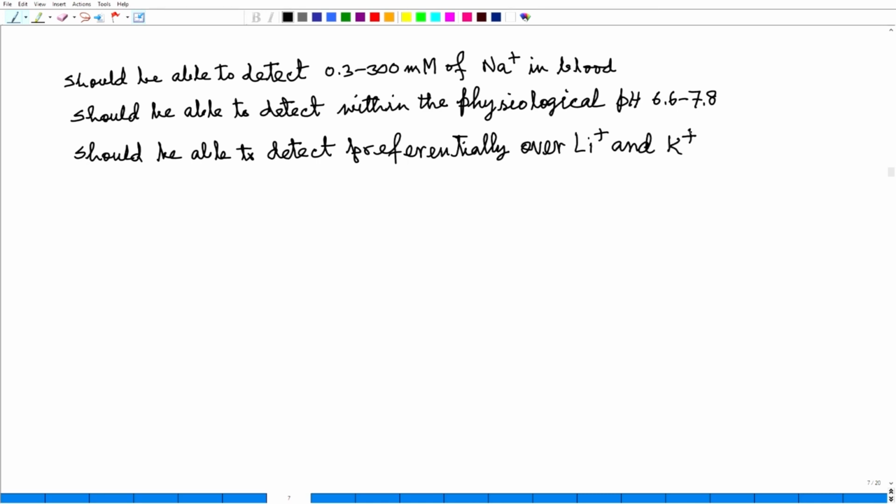Over lithium and potassium, especially potassium, because sodium and potassium are two very important alkali metals present in our body.